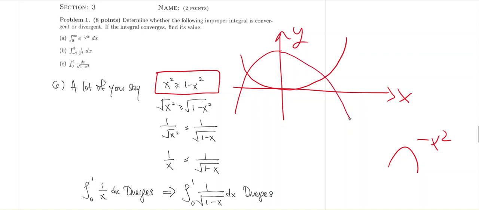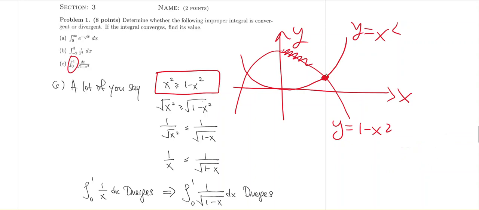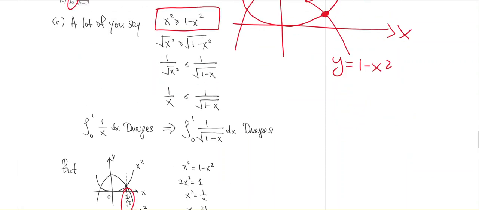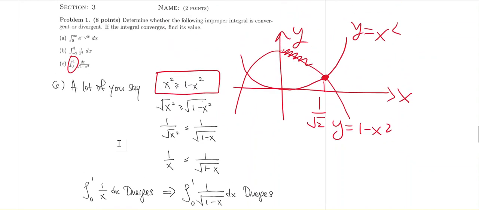So 1 minus x squared will look like this. This is y equals x squared, and this is y equals 1 minus x squared, and we are integrating between 0 and 1. So somehow there's a number here that we can identify. If you try to solve for the common point here, you can see that the common point is 1 over square root of 2. Okay, so this is a 1 right here.